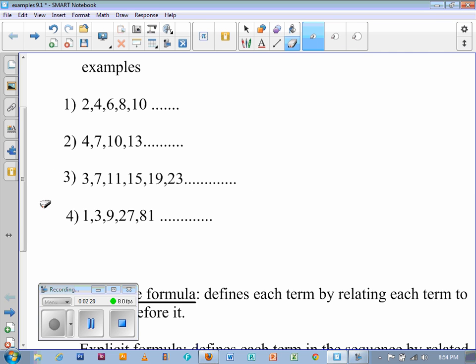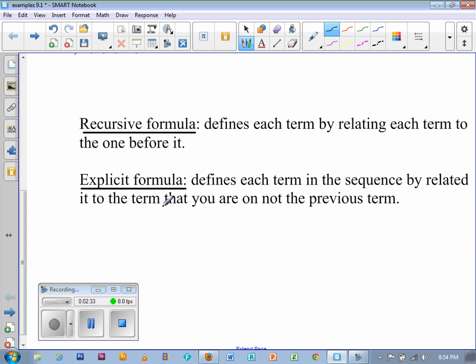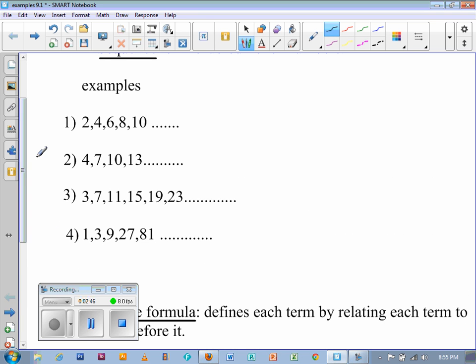And this will be new for some of you, most of you actually. The explicit formula defines each term in the sequence by relating it to the term that you are on, not the previous term. So we're not too concerned in this case with the previous term.